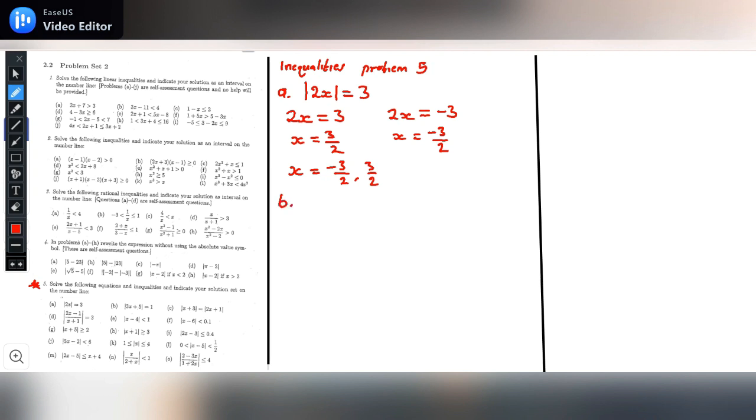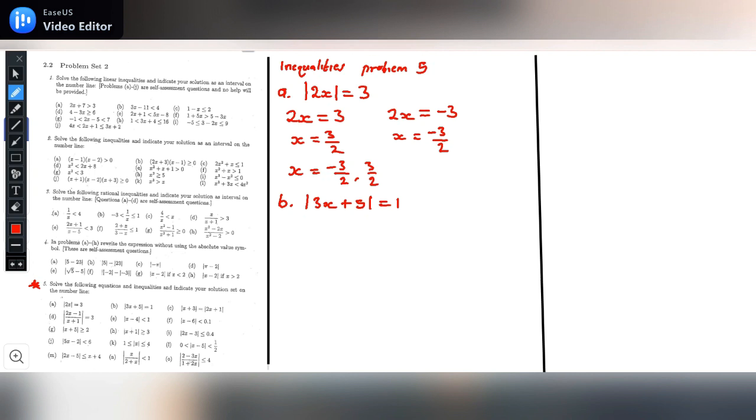So now let's do letter B. Letter B, we're given 3x plus 5 inside absolute value, which equals 1. And also in this one, we do the same thing. To get rid of the absolute value, we write down two equations.